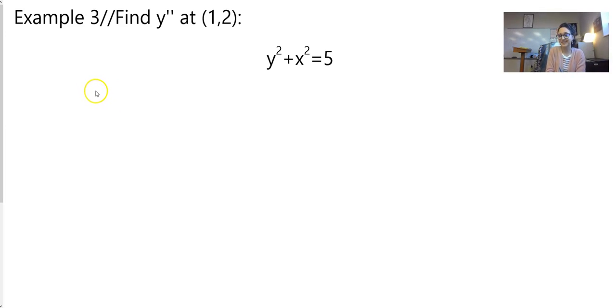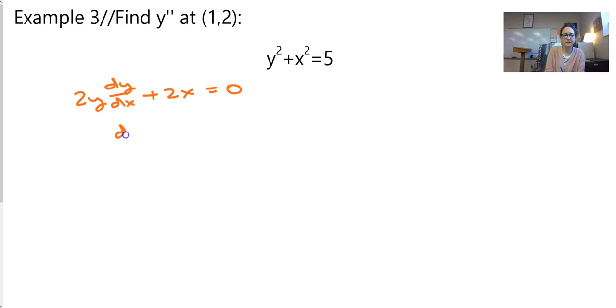Any special rules on the left-hand side? No special rules, and none on the right-hand side, right? So I've got 2y. Do you want a dy/dx here? Absolutely. Plus 2x. What about a dy/dx here? No. Equals 0. And again, we could now go for the second derivative right here if you want. Sometimes that is a better strategy.